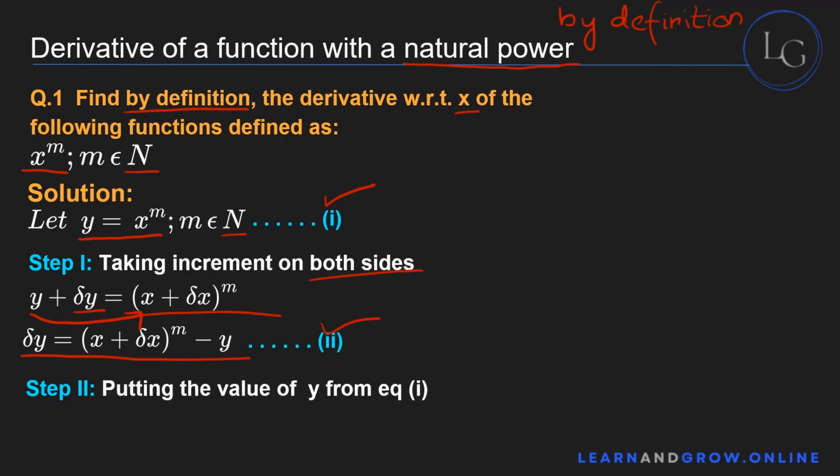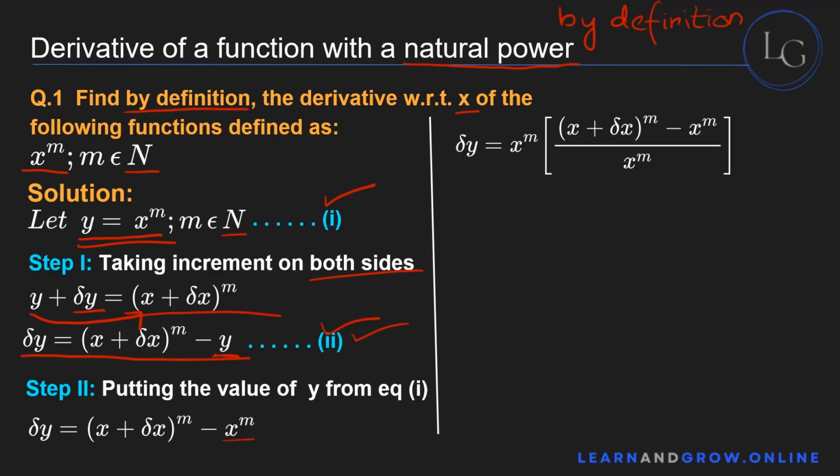And step 2 was to put the value of y from equation number 1 into equation number 2. So delta y and x plus delta x to the power m will remain as they are, and this y will become x to the power m as per equation number 1.